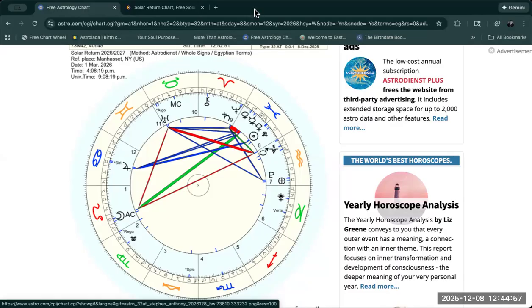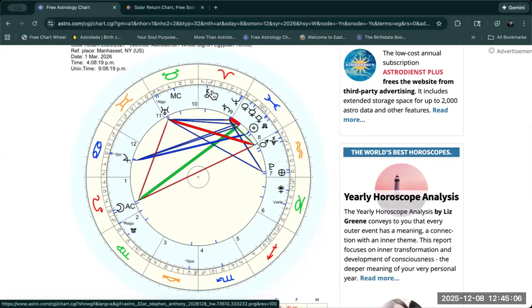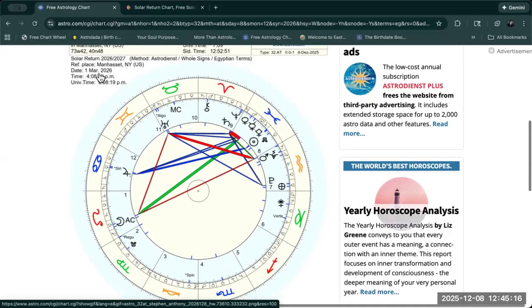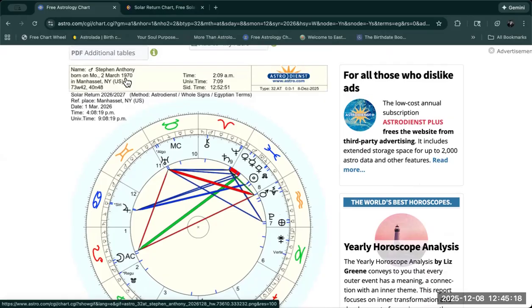Yep. Actually, I'm going to share with you another chart. So here's the solar return chart for 2026 to 2027, starting on March 1st. My birthday is actually March 2nd, as it shows here, March 2nd, 1970.